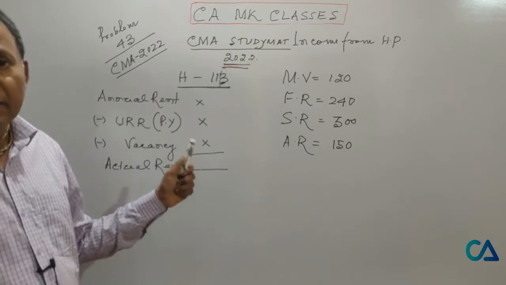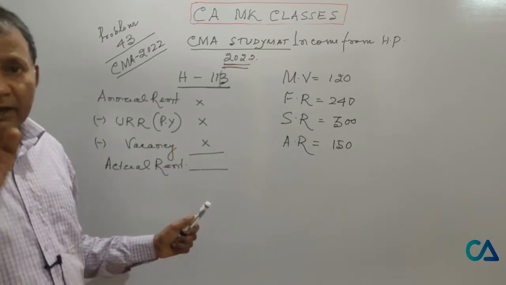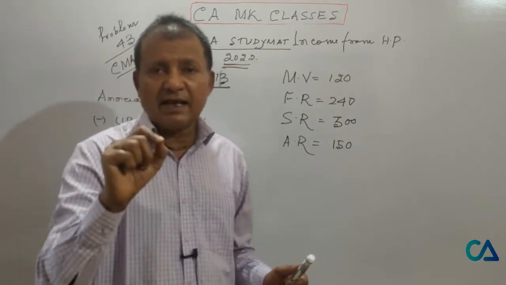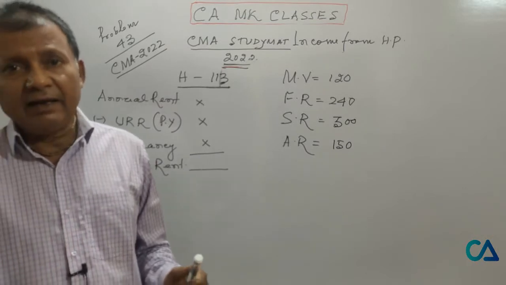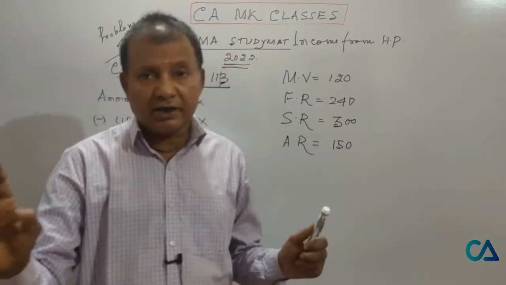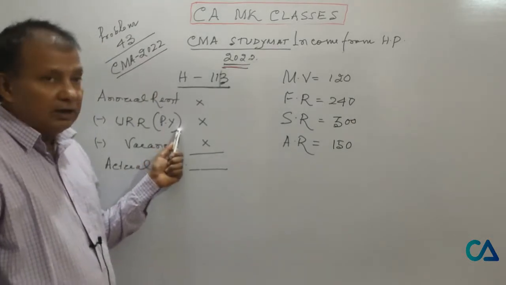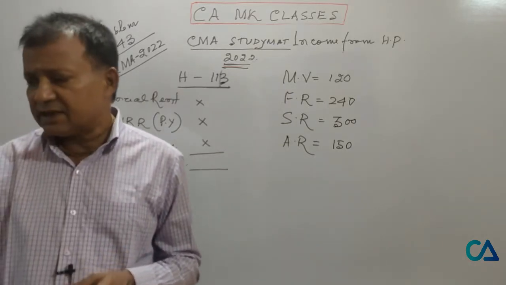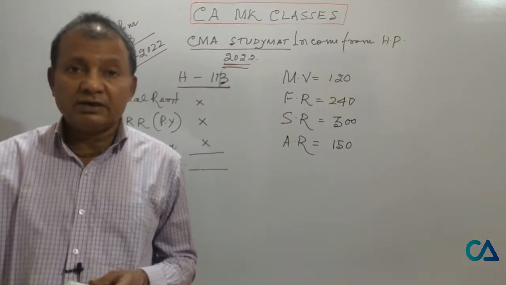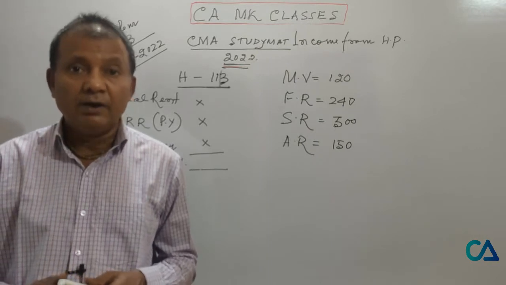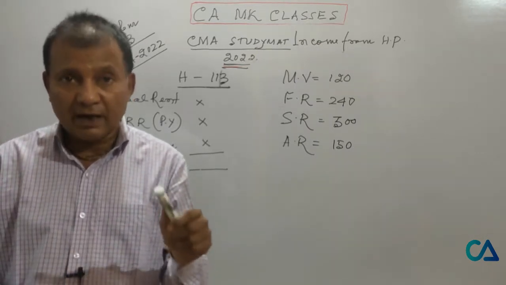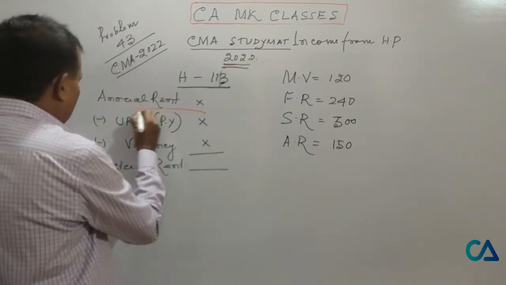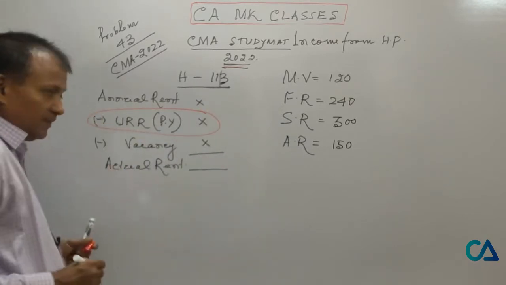If our assessment year is 23-24, previous year 22-23, unrealized rent of 22-23 will be deducted here. Unrealized rent of 21-22, they have given you 60. That will not be considered here in determination of annual value of the house property.